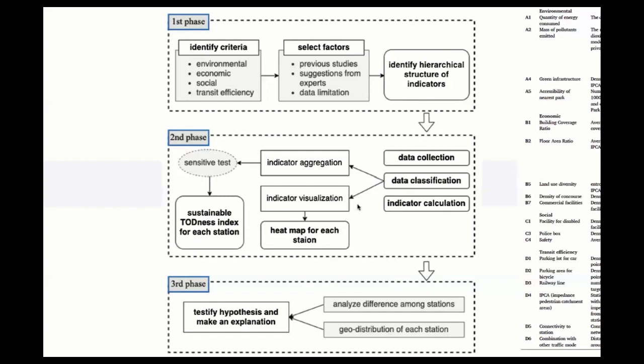And for the next phase, you can apply the general idea of an MCE. After they determined the weights and collected all the data, we'll show the data source, they prepare each layer and do the calculation. Since they're considering the 4 different dimensions, they're able to provide an environmental score, economic score, social score, and transit efficiency score.